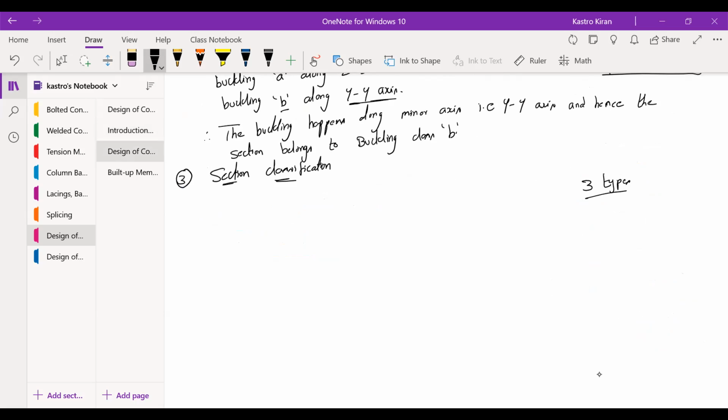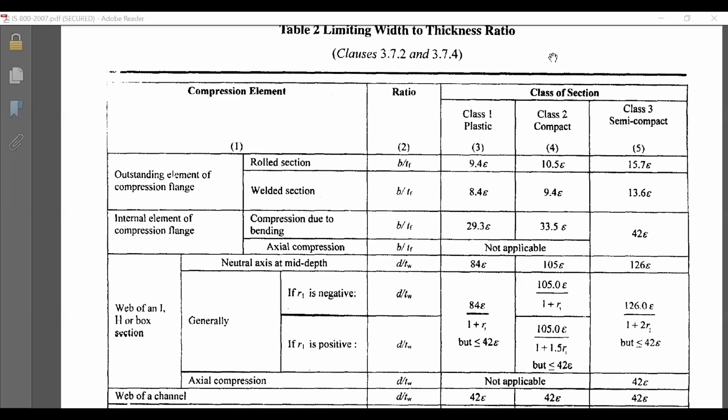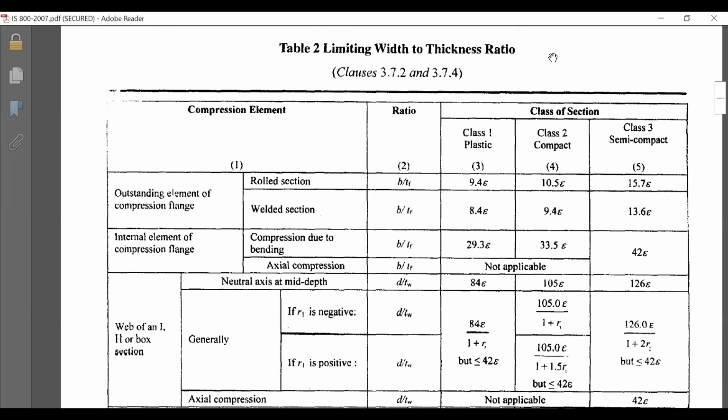In order to find this out, you have to refer to table 2 of IS 800 2007 and then find out which category it belongs to. Let's look at this table, that is table 2 of IS 800 2007. So this is table 2 of IS 800 2007.